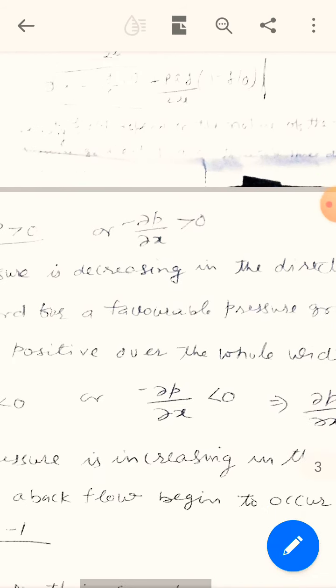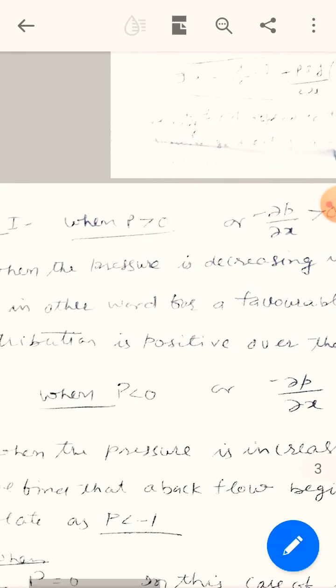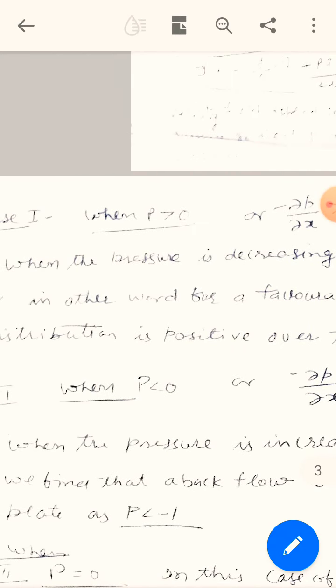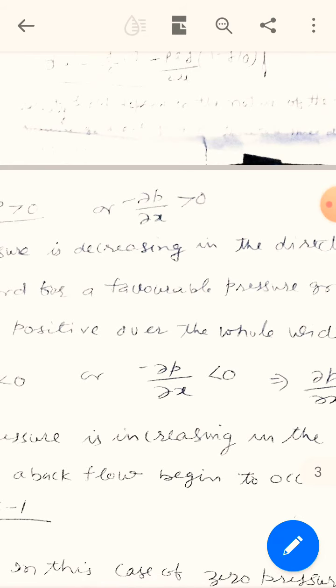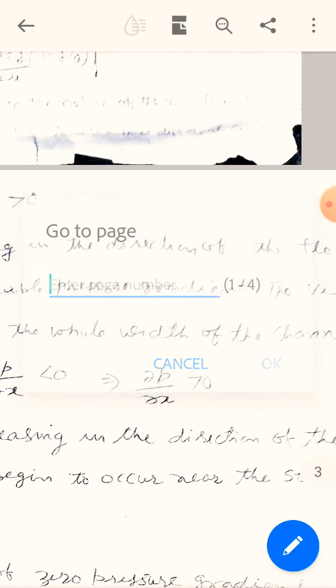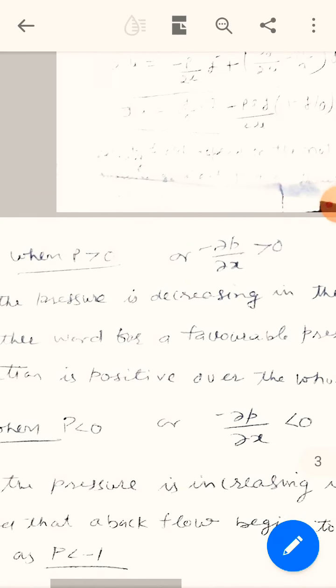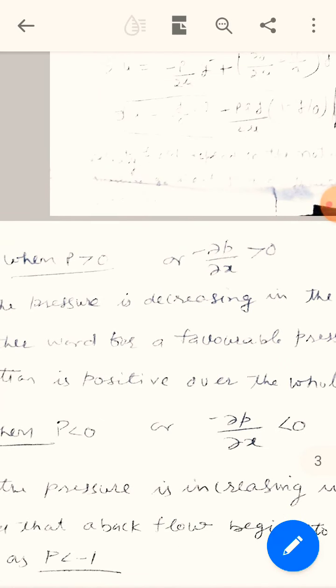Now the effect of pressure on both cases. When P is greater than 0, the pressure is decreasing in the direction of the flow. In other words, for a favorable pressure gradient, the velocity distribution is positive over the whole of the channel.